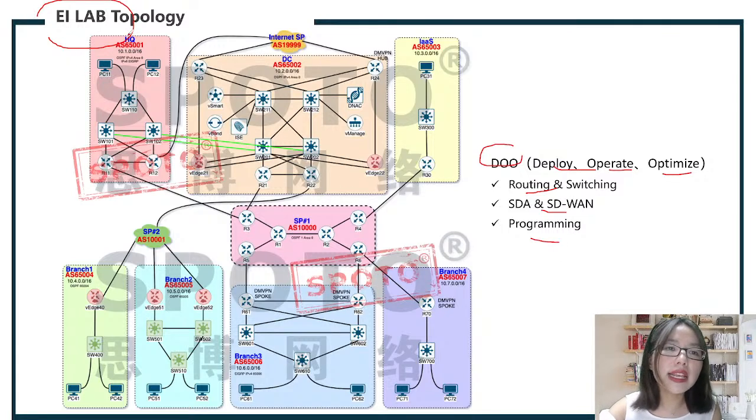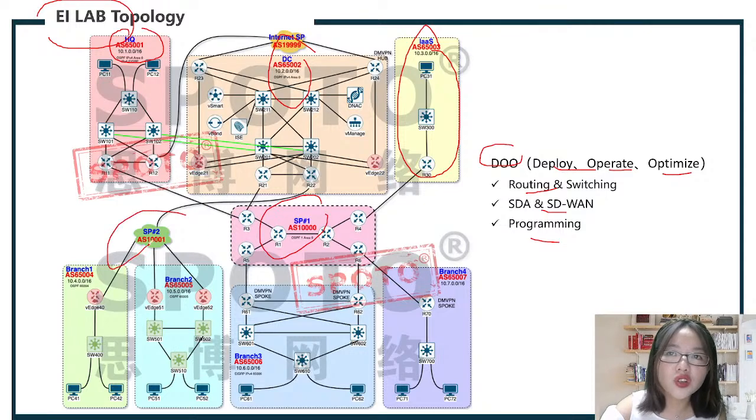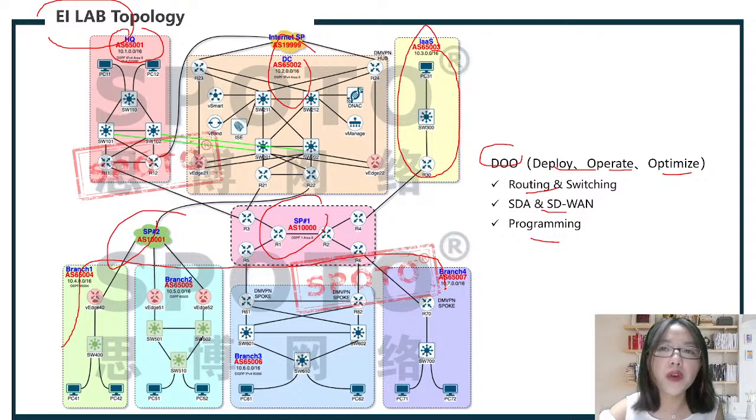These belong to the HQ category, and this module belongs to the DC category, and the module on the right belongs to the IAS, and SP1, SP2 are connected, and the corresponding 4 branches are below the SP.